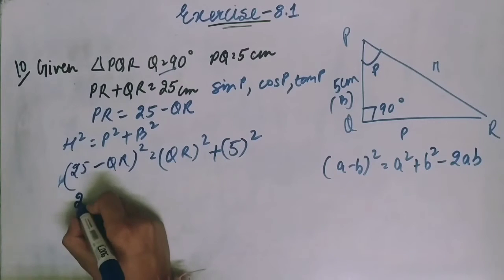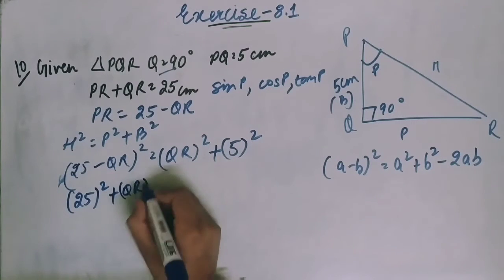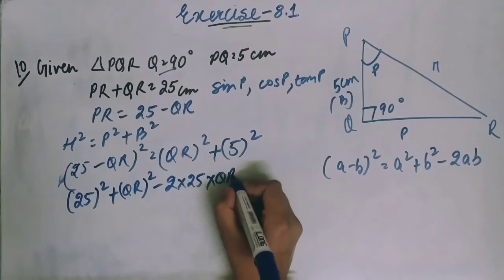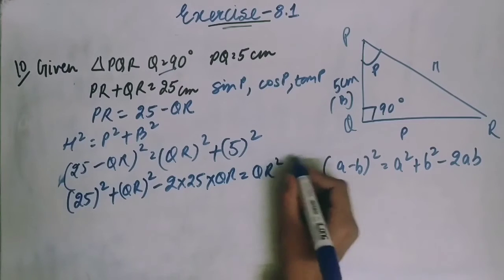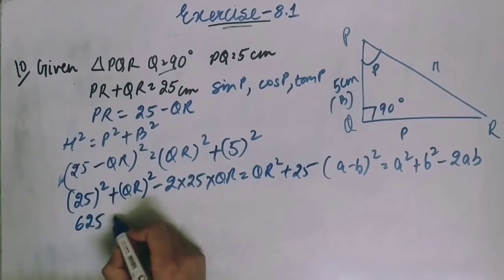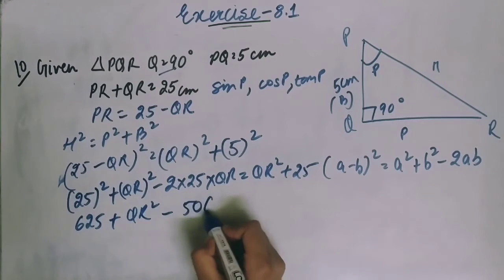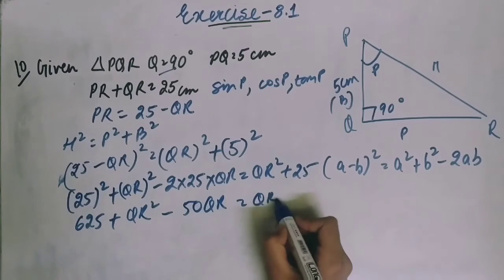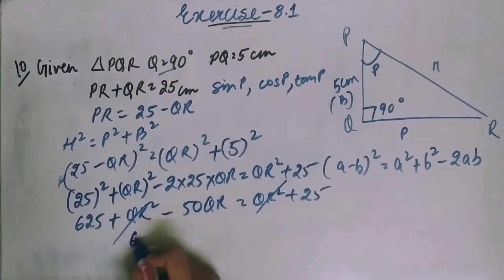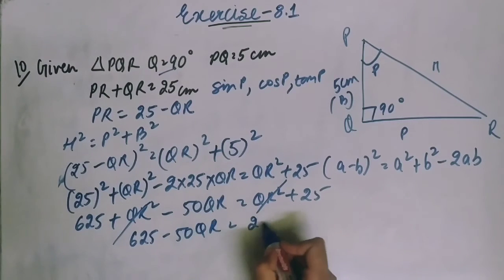This will be 25 whole square plus QR whole square minus 2 into 25 into QR, which is equal to QR square plus 25. This will be 625 plus QR square minus 50 QR, which is equal to QR square plus 25. This and this will be cancelled. 625 minus 50 QR is equal to 25.